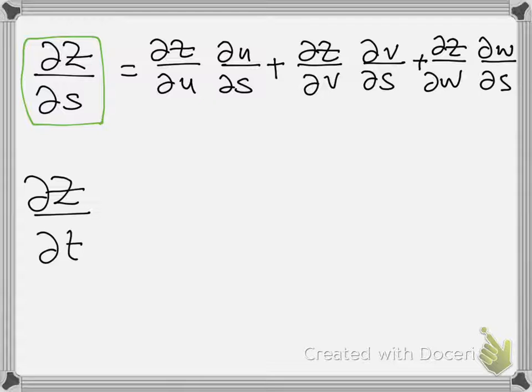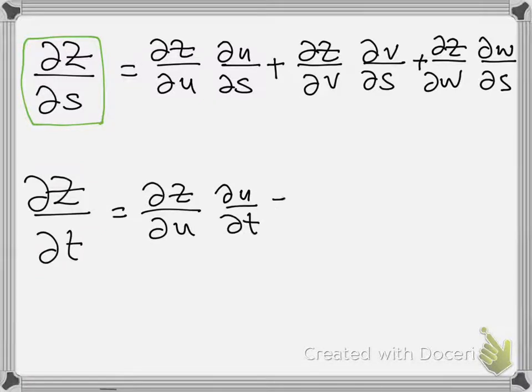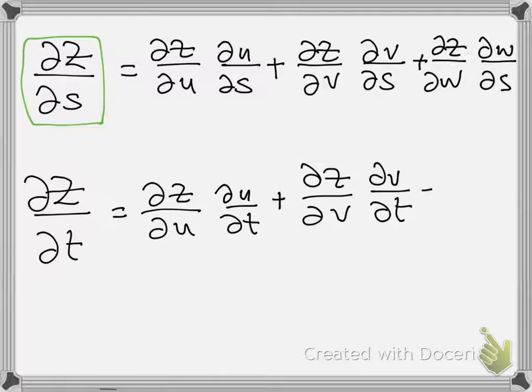So the sum is: through u, partial z, partial u, partial u, partial t; through v, partial z, partial v, partial v, partial t; or finally through w, partial z, partial w, partial w, partial t. Okay.